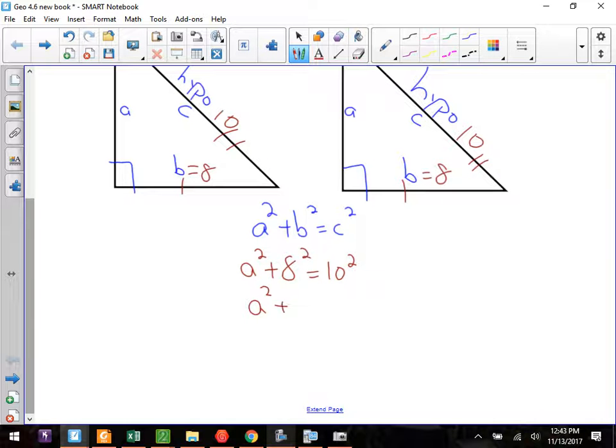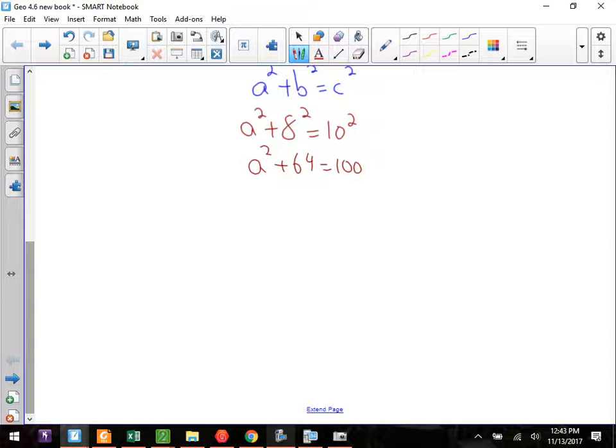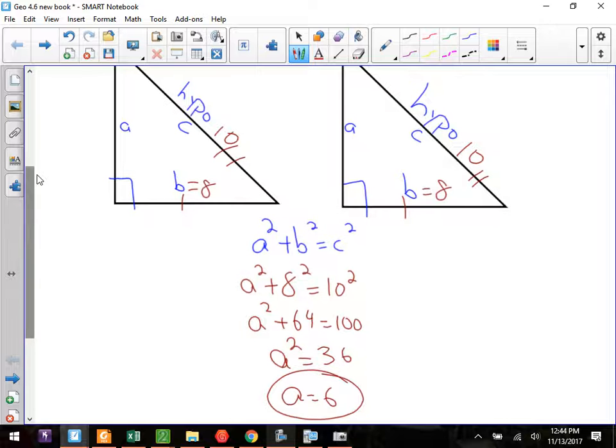A squared plus 64 is 100. If I move the 64 over, what do I get? 36. Good. And what's the square root of 36? 6. So if you know two sides of a right triangle, you can always find the third.